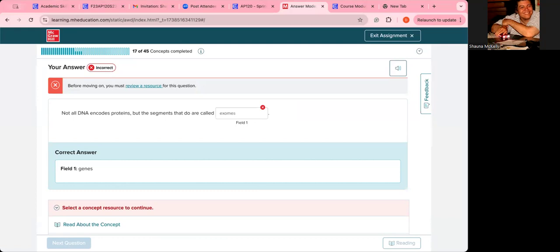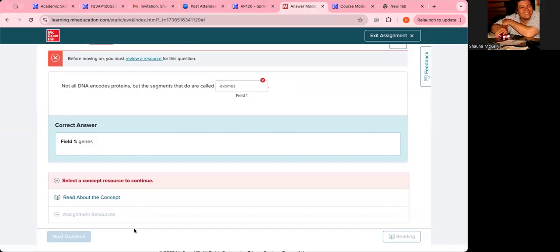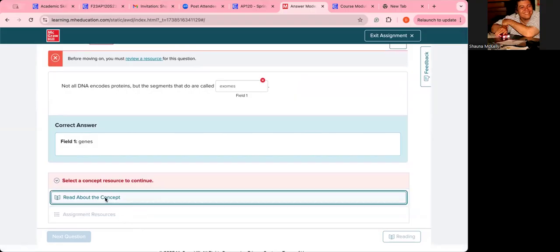I thought they told us we have to read about it first. They're telling us we have to read it. So we have to open it and reread it, even though that's what it said. Before they let us go on, we have to read it. They wanted genes for that question, but we have to open it up and read it.